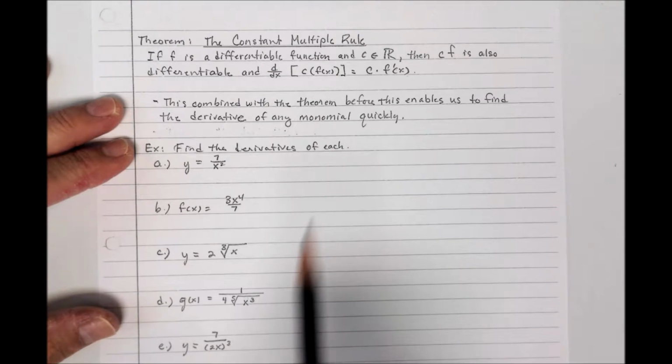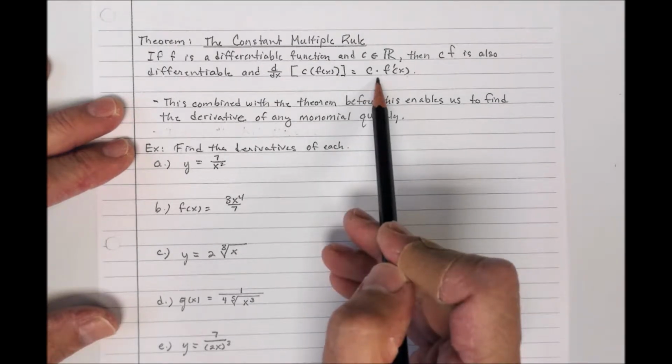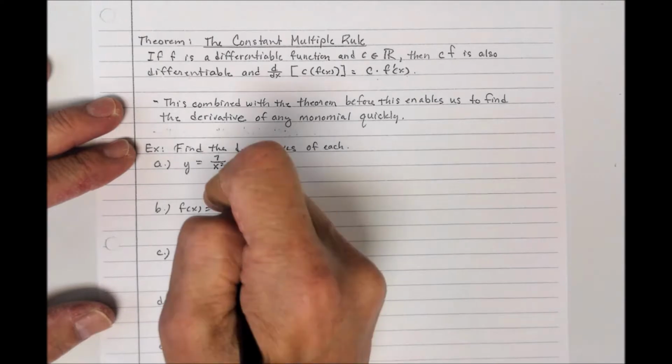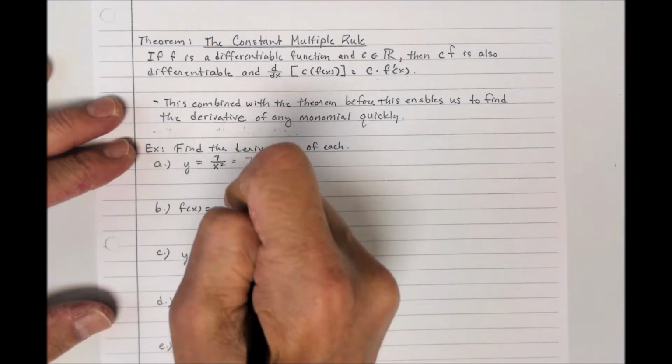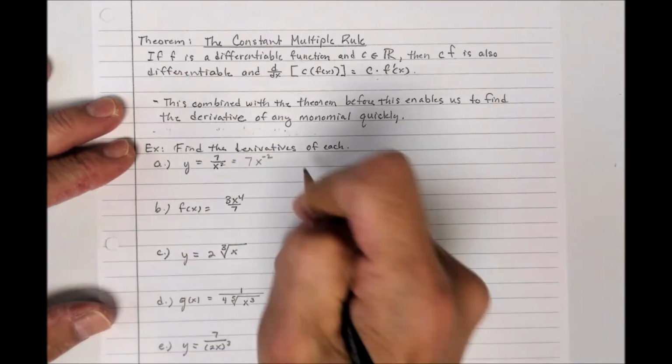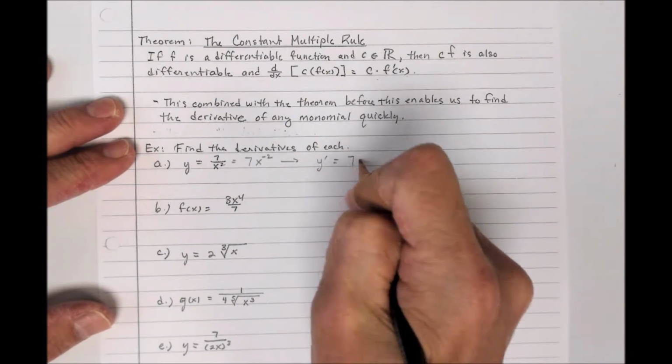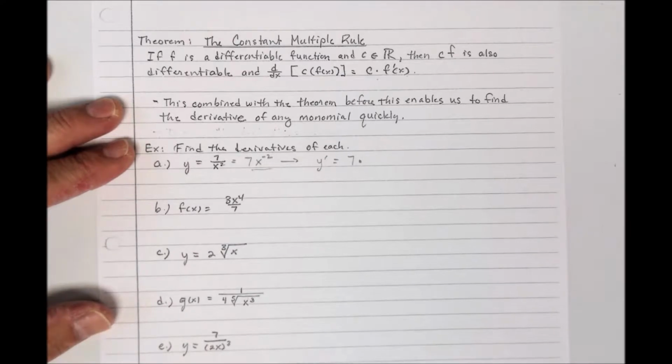Now this, along with the power rule, allows you to find the derivatives of monomials, or expressions that can be written as a constant times your variable raised to a power, like this one. This is the same as 7x to the -2. So if I want to find y prime, the 7 is multiplied times the derivative of x to the -2, which we were just doing.